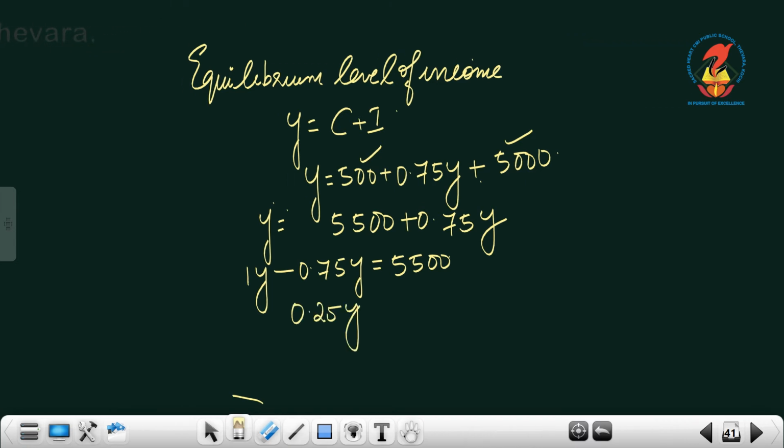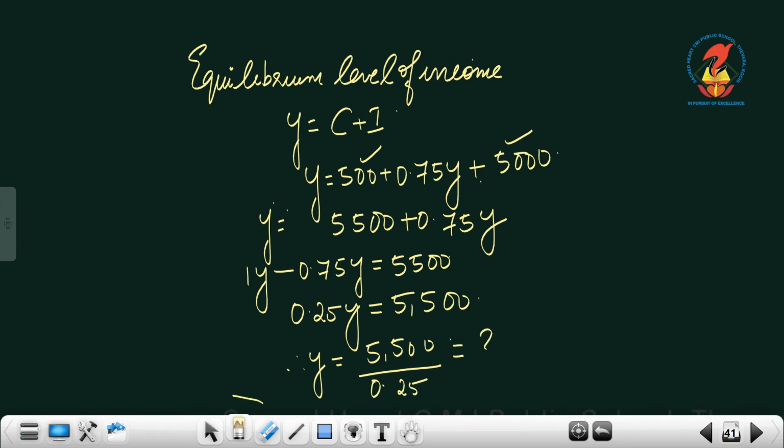Therefore, 0.25 Y is equal to 5,500. From this, Y can be found. Y is equal to 5,500 divided by 0.25, which will give you the answer as 22,000.